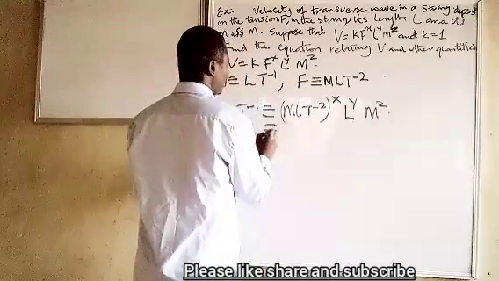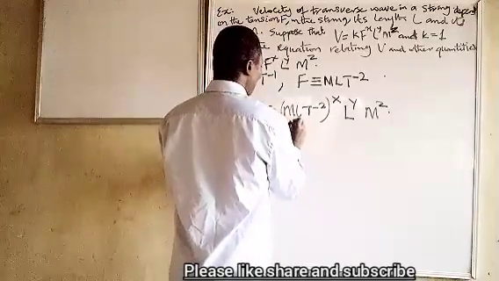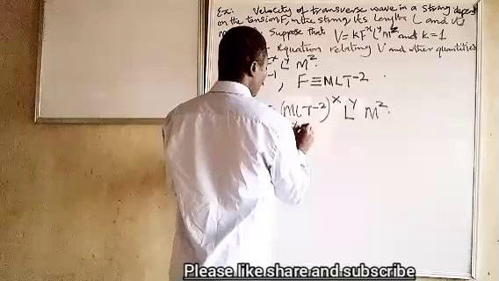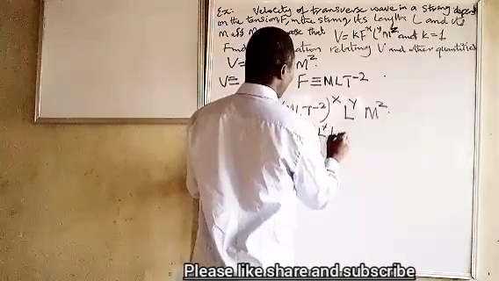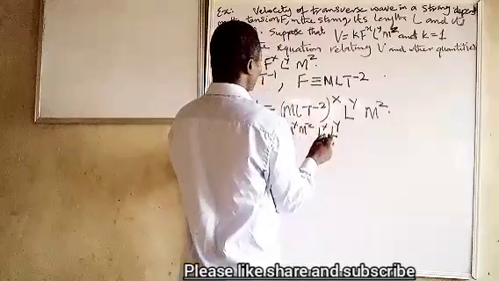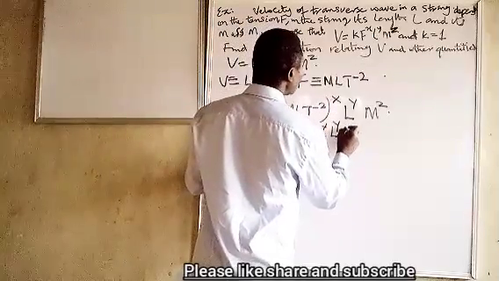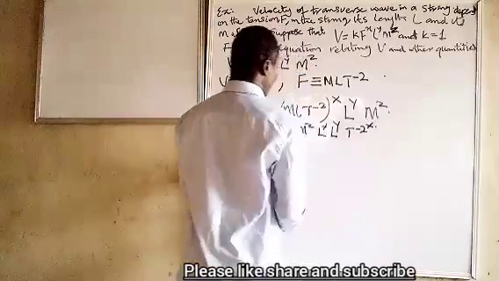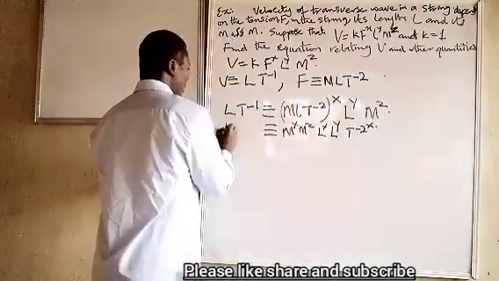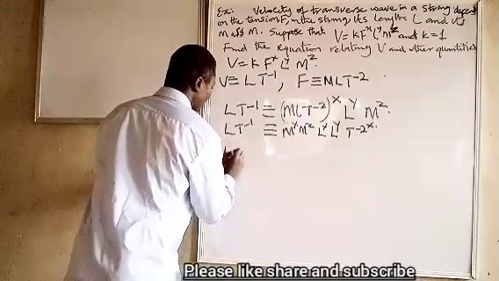We can expand further: M raised to power X, M raised to power Z, L raised to power X, L raised to power Y, and T raised to power minus 2X. You can see the relationship now. So it's very easy now.